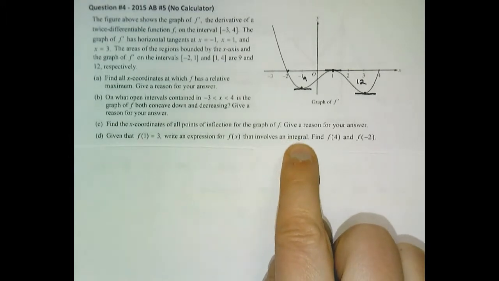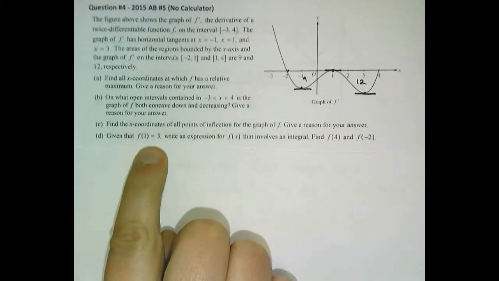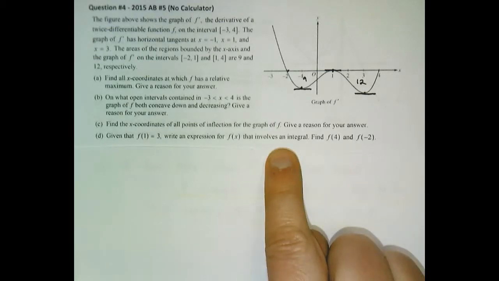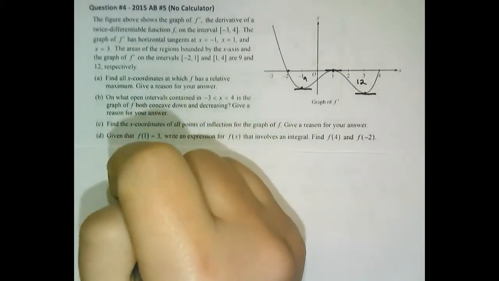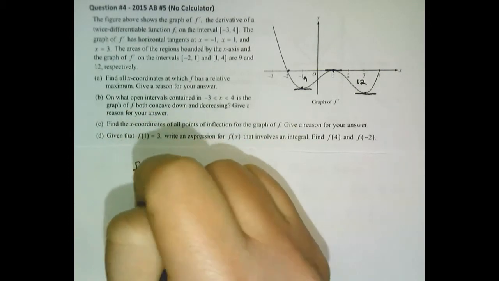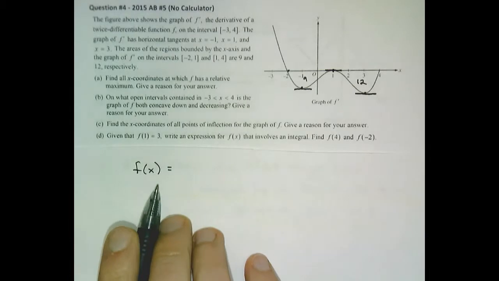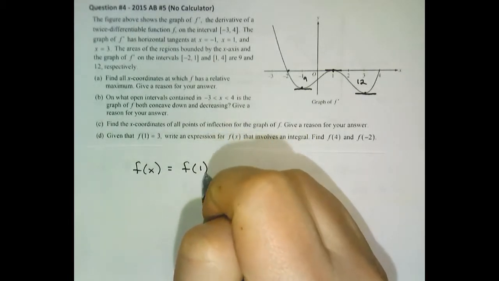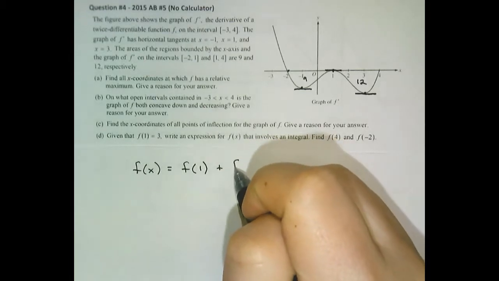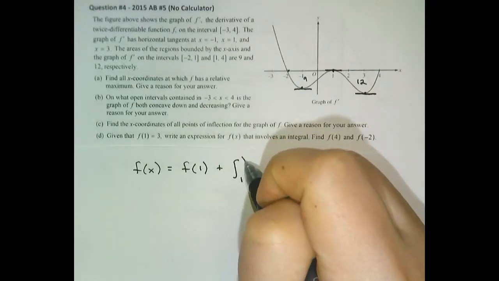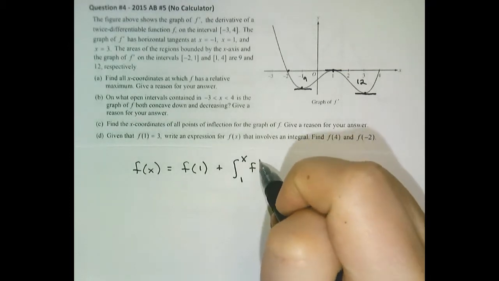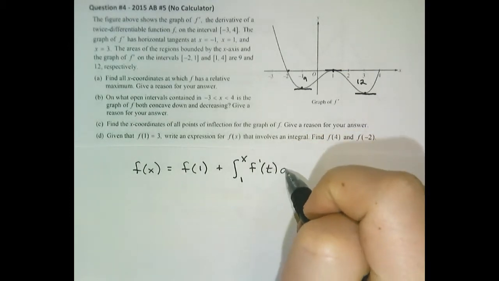It says integral right there. They give us an initial condition, f of 1 is 3, and they say write an expression for f of x that involves an integral. So f of x is equal to what I started with plus what I accumulated from 1 to x of my rate function.